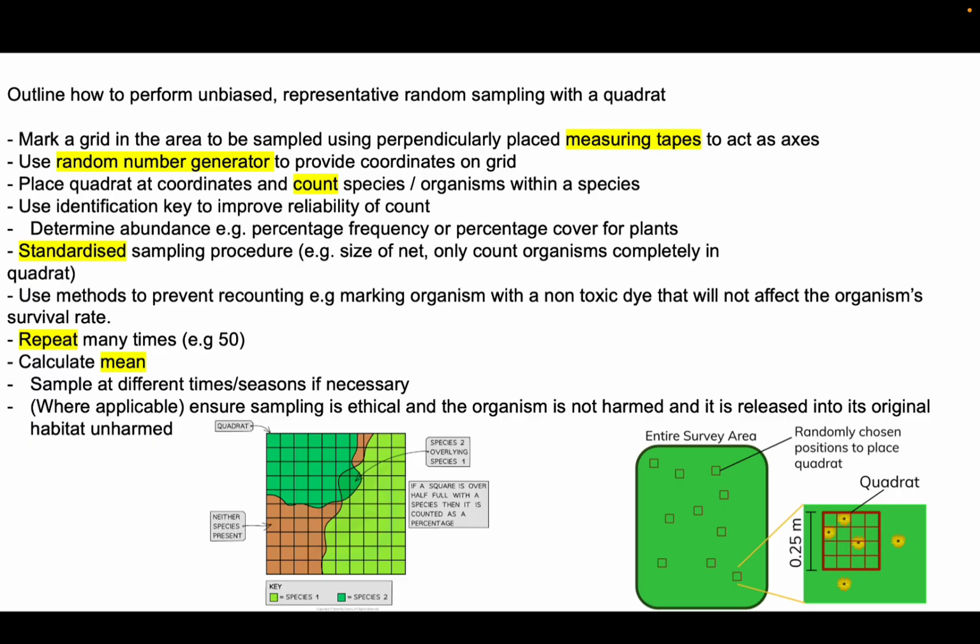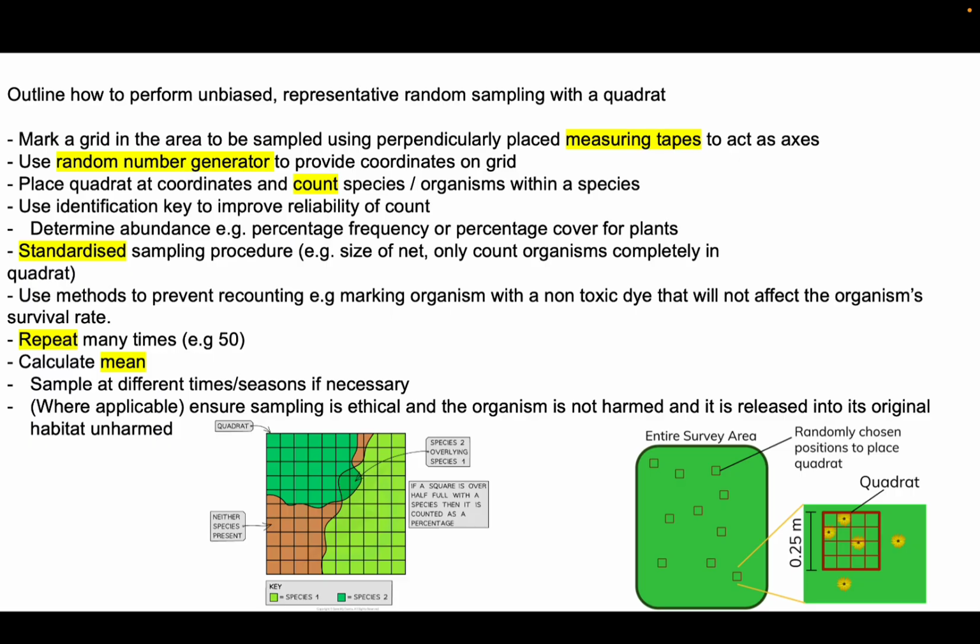If you're looking at plants, you can determine abundance, if that's what you're investigating, via percentage frequency or percentage cover. And you should ensure there's a standardized sampling procedure. So if you're counting flowers, you might decide to only count flowers that are completely in the quadrat, as opposed to half in and half out.